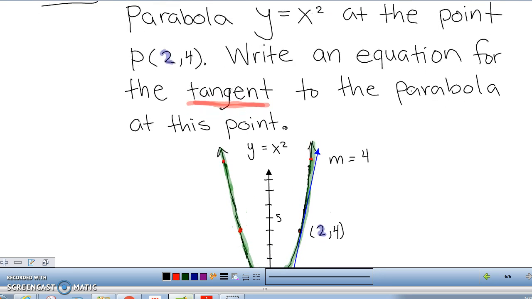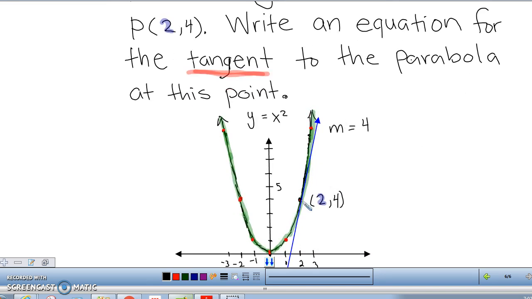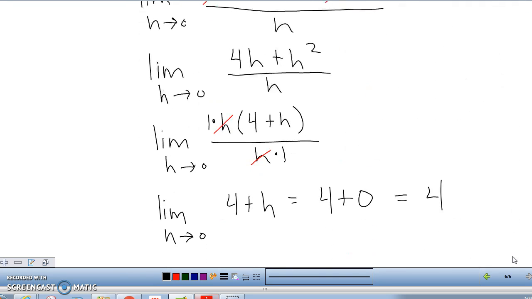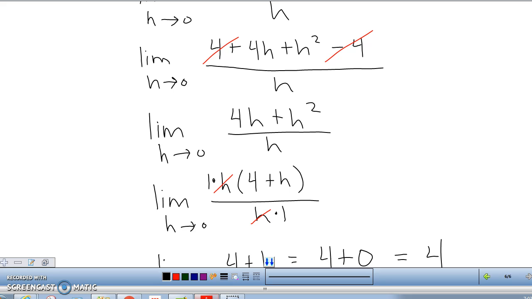Okay, but now we have to write an equation. So let's take it one step further and write the equation of this blue tangent line. Well, we know this much. The slope is 4. So we have a point and we have a slope for this blue tangent line.